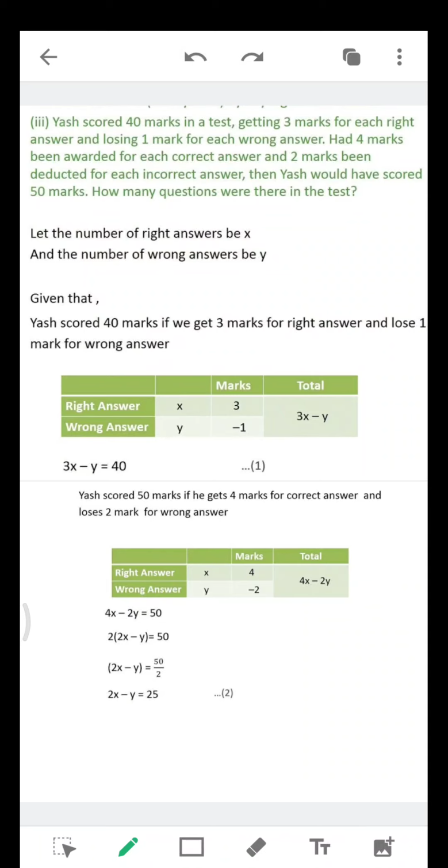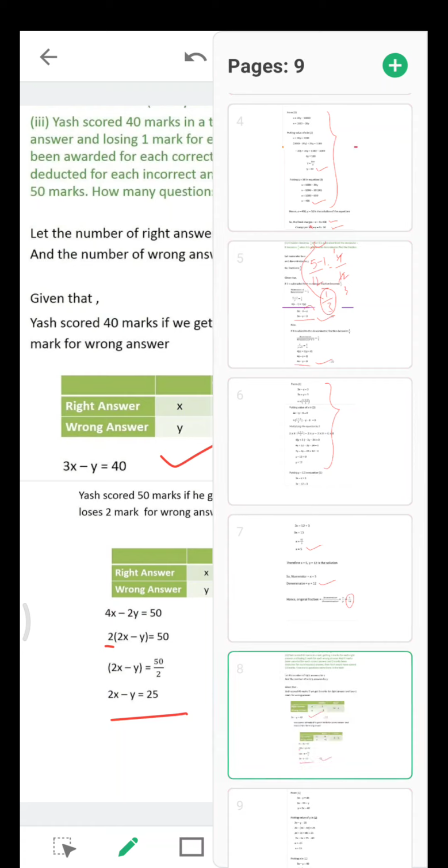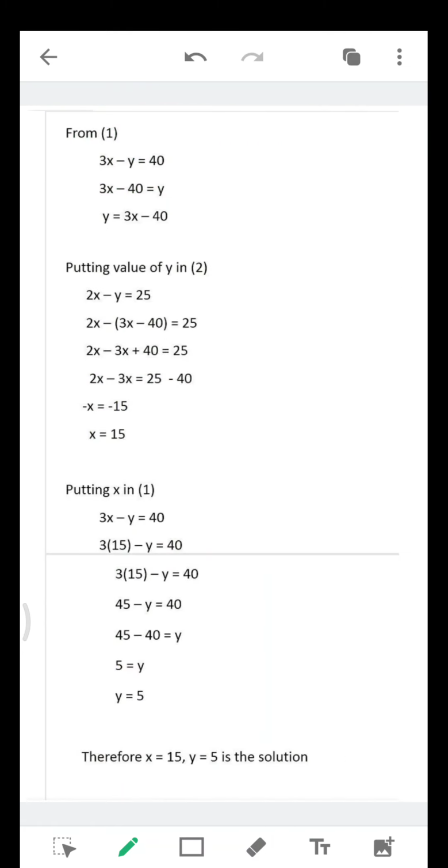I can take 2 common here, so this becomes 2x minus y is equal to 50 by 2, that is 25. So we have got two equations. You should simplify them by using any method. Here it is done by the substitution method. After solving it by substitution, we get x equal to 15 and y equal to 5.